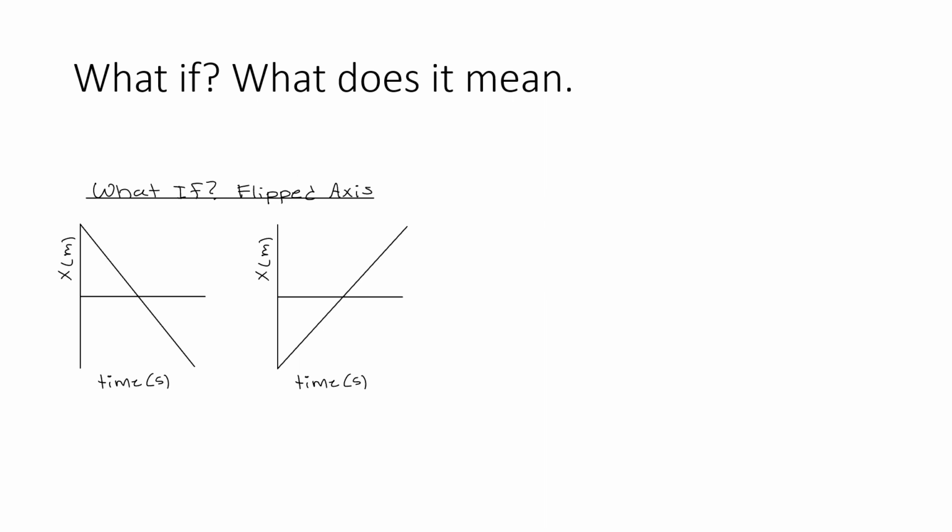But if you were to flip the axis, that would just make the slope of the position versus time graph positive. So you can see that the first graph there on the left would be an example of what my motion actually looked like, but the right is if you would flip the axis, and that is for position versus time.